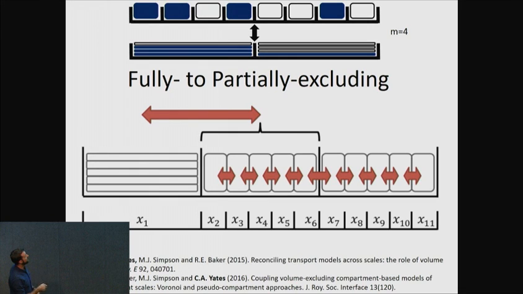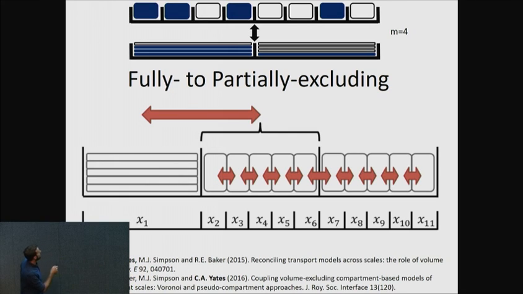The way we do it in this case is using something called a hybrid box. So over here we're doing fully volume excluding, we've got this fine grid. Over here we're doing partially volume excluding, we've got this coarse grid. But in here we're doing a bit of both. So particles can jump according to the fine, fully volume excluding process in here, and a particle gets into this box from the right by just jumping in according to the fully volume excluding process.